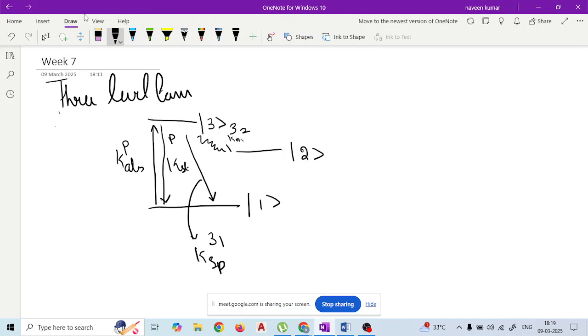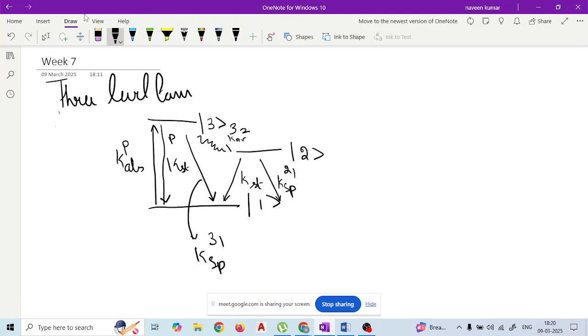That is K and R. From here also it will come to the ground state. Stimulated emission. Spontaneous emission.